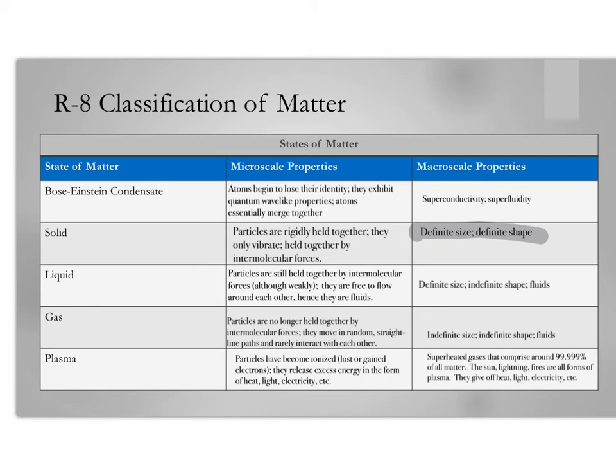As a result, on the macro scale, these Bose-Einstein condensates exhibit properties of superconductivity, which means that electrons can flow through them without any impedance, no resistance, and they exhibit superfluidity, which means that these particles, or what were formerly particles, will move as a fluid without any friction. And that's not something that normally happens.